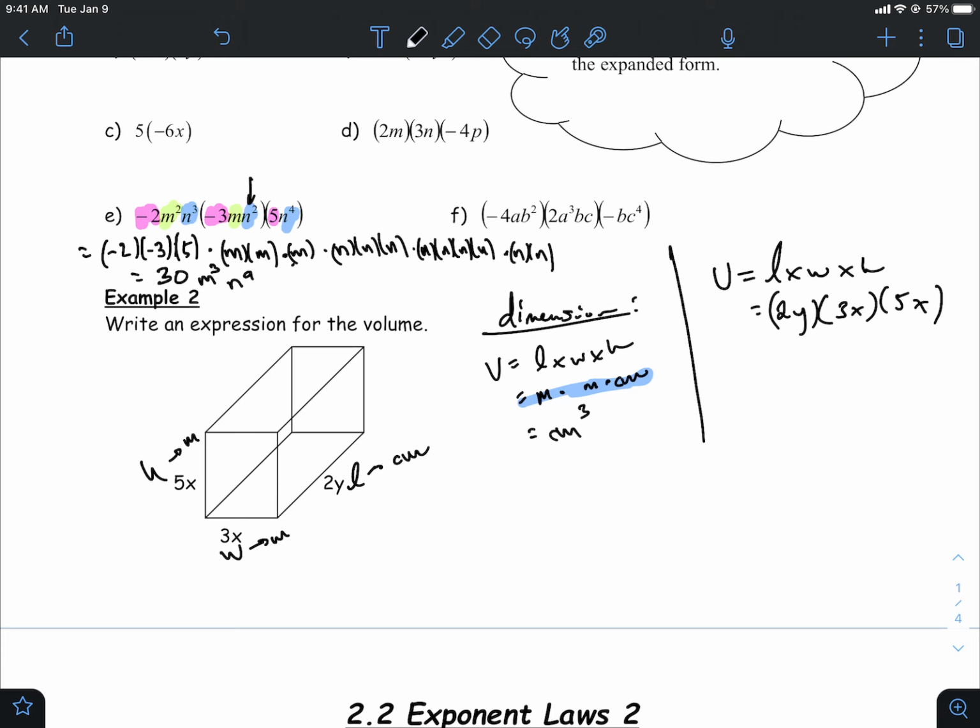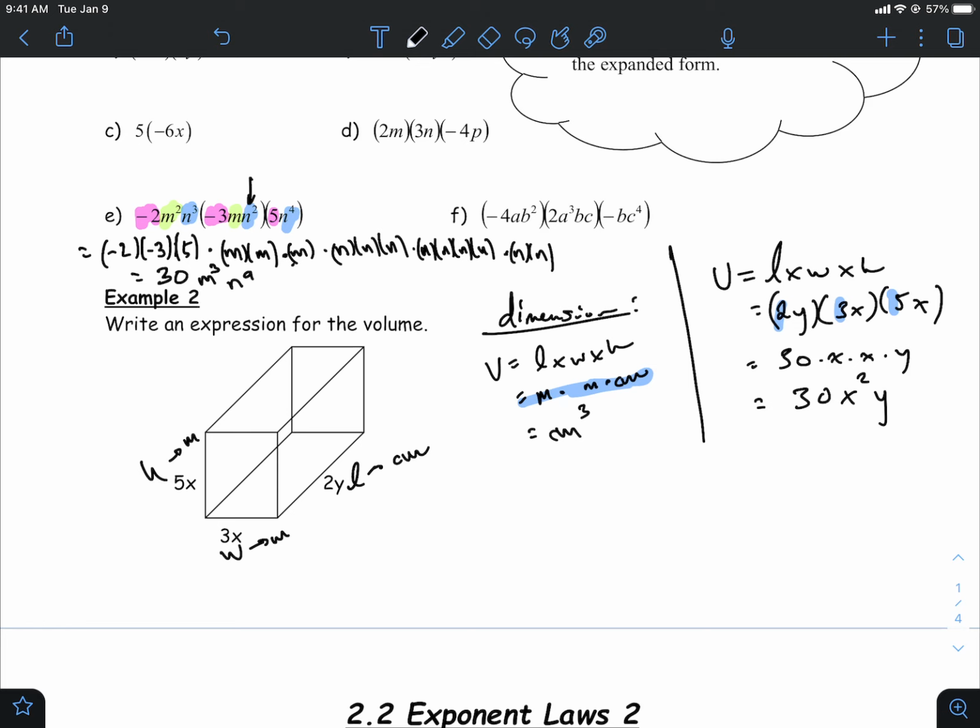Remember, number, variable, variable, variable. Sometimes you can multiply some variables together and others you can't. So 2 times 3 is 6, times 5 is 30, x times x times y. So you could further simplify that to be 30x squared y.